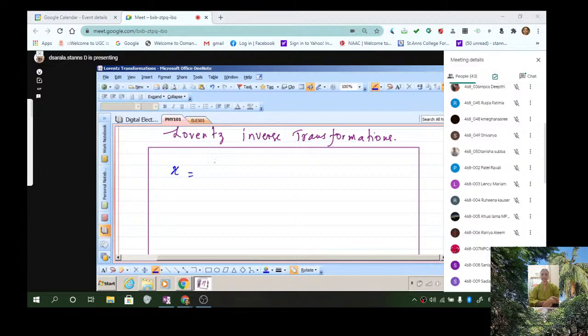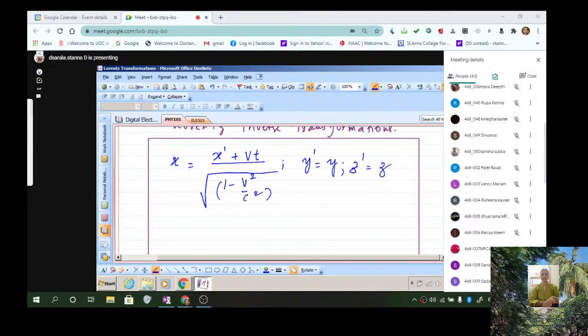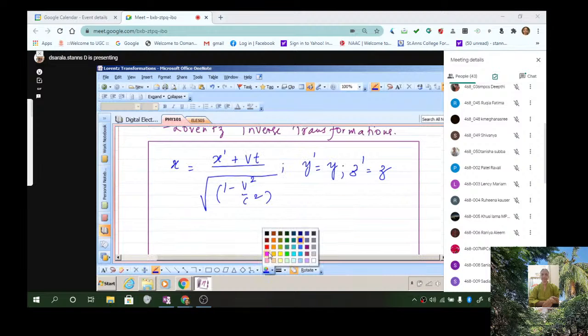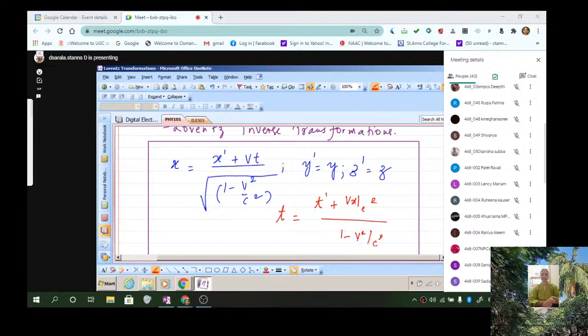So x will therefore be x prime plus vt, isn't it, divided by under root 1 minus v square by c square. y prime is equal to y, z prime is equal to z, and very importantly, t is equal to t prime plus vx by c square under root 1 minus v square by c square.